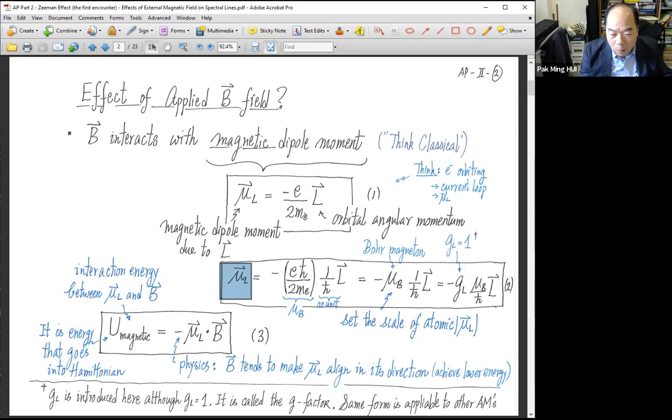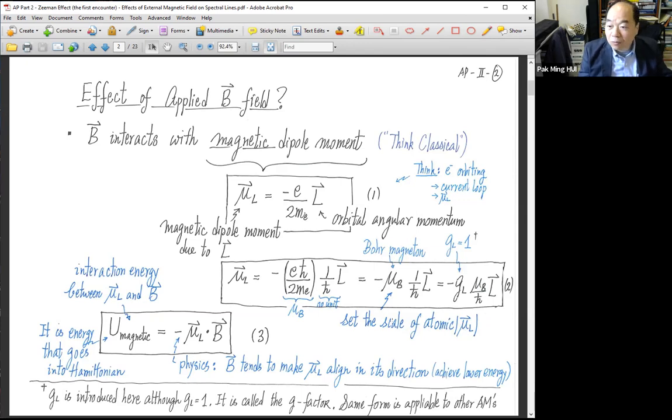Magnetic dipole moment that goes with the electron's orbital angular momentum is related by mu. There's a minus sign due to the charge. There's a Bohr magneton setting the strength, how big this magnetic dipole moment will be, and then g_L divided by h bar, okay?